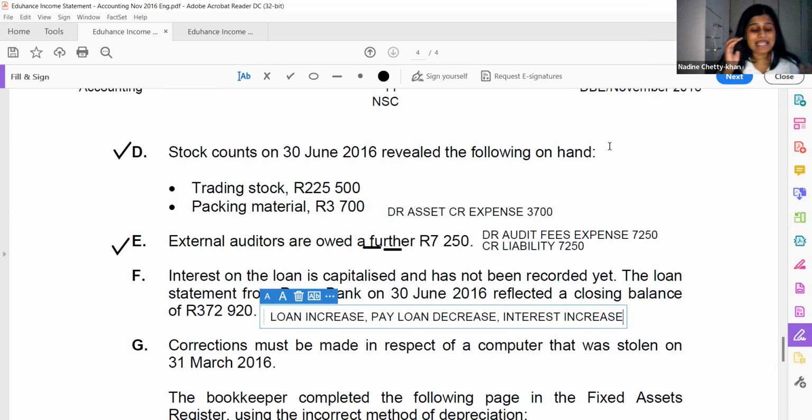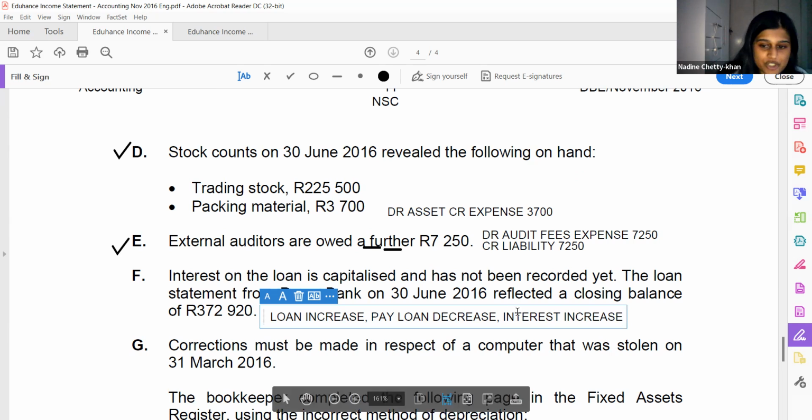What does capitalized mean? If interest is capitalized, it means it's added to the loan liability. It doesn't have its own separate liability. It's added to the loan liability. Okay, that's what capitalized means. So that's why if you have an interest charge, it will increase the liability.